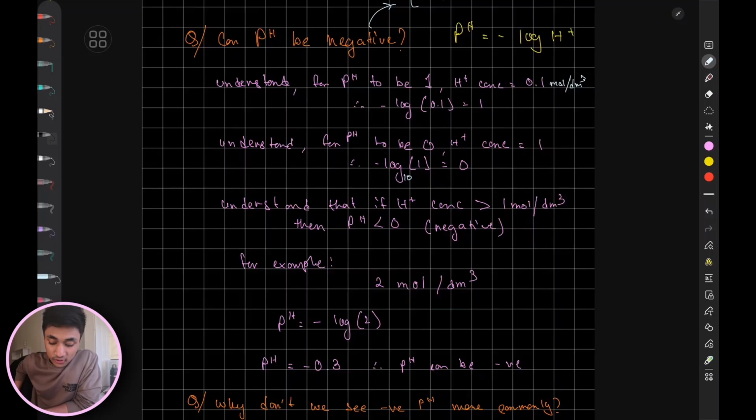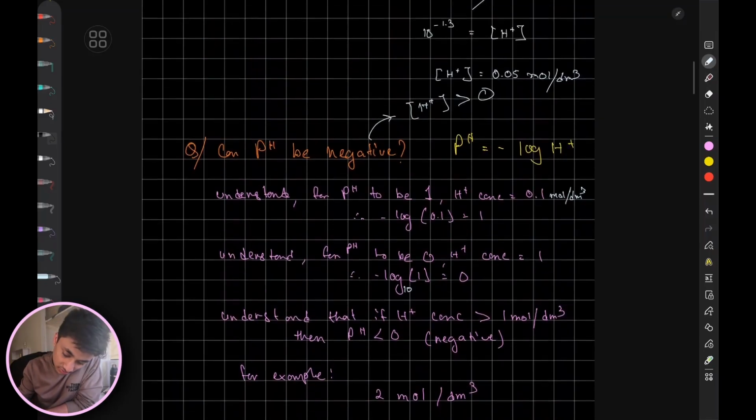So if the concentration of H plus is greater than 1 mole per dm cube, the pH is definitely going to be negative. Actually, what I said earlier was wrong.